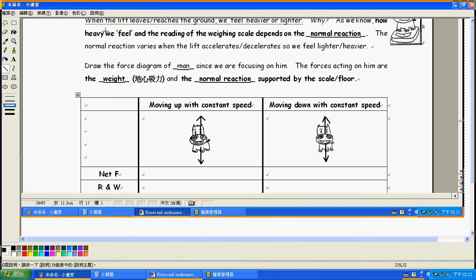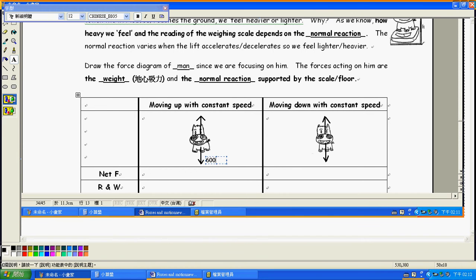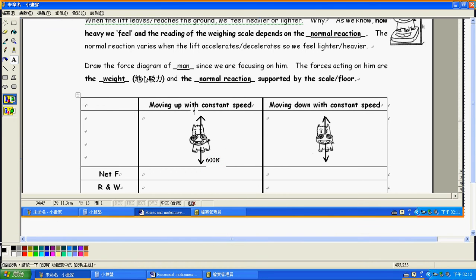So suppose the weight is 600 Newton. So by Newton's first law, as it moves up with constant speed, the upward force equals the downward force, so the net force is 0.